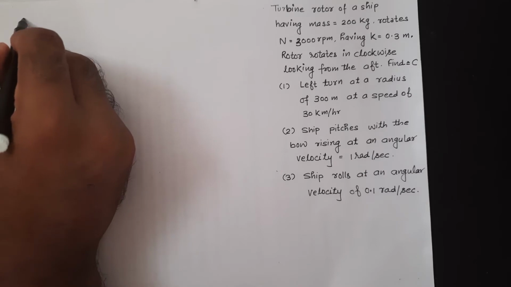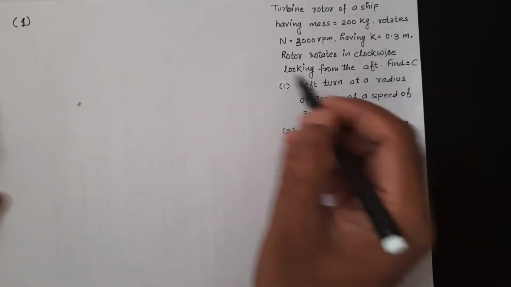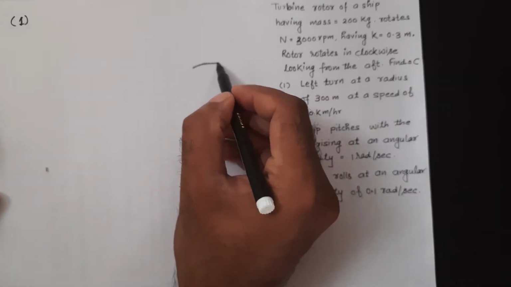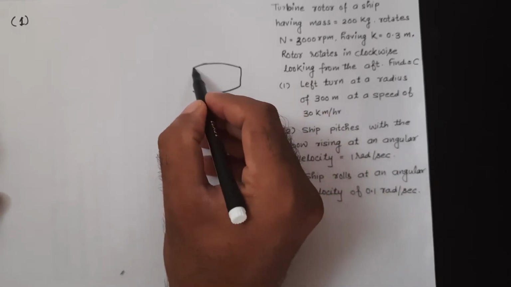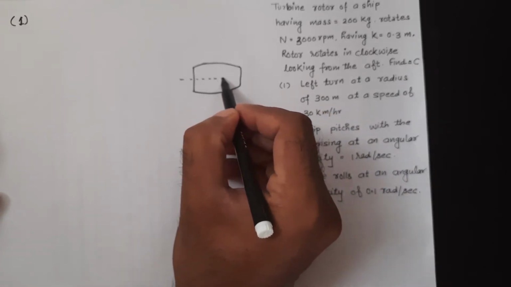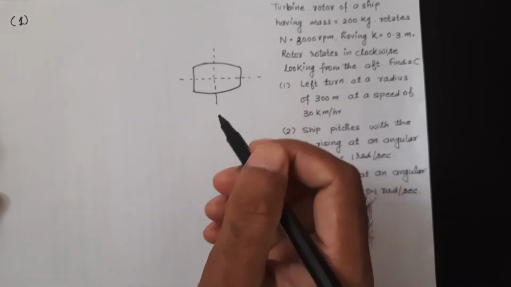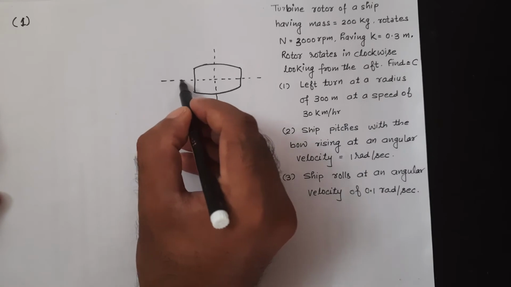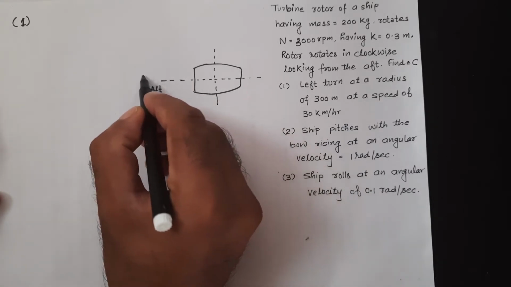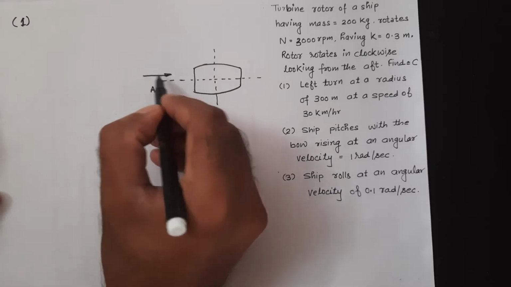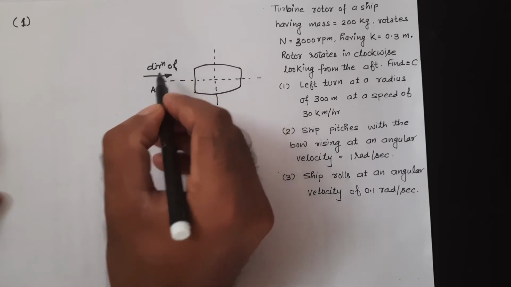Case 1, when it is making a left turn. Let's draw the top view of the ship. This is the transverse axis and this is the longitudinal axis. Aft means the rear side of the naval ship. So on this side we have the aft, and someone looking from here, this will be the direction of view.